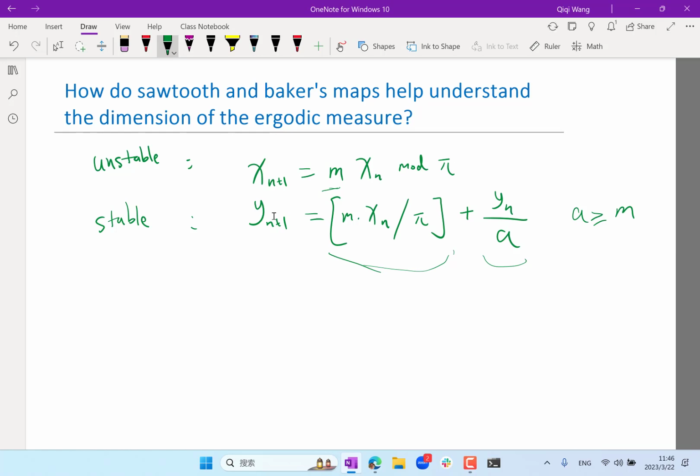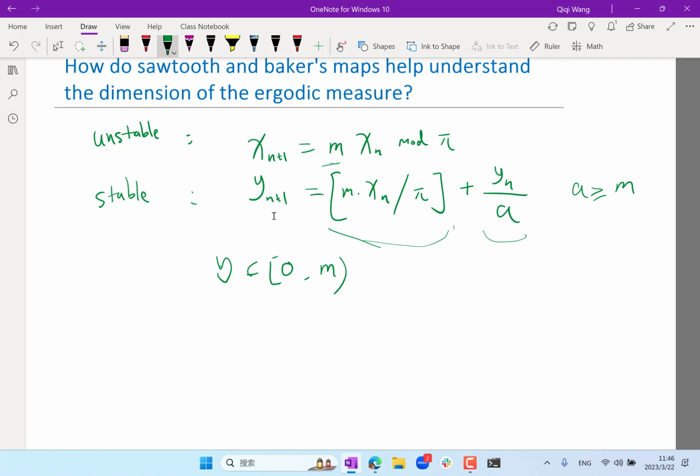So the whole thing is still less than m. So y is always going to be in 0 to m. Now, think about what happens. When you have the space between 0 and m, every time you contract the whole y-axis by a factor of a. So here you contract it from 0 to m to 0 to m over a.